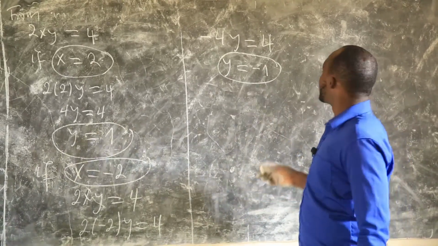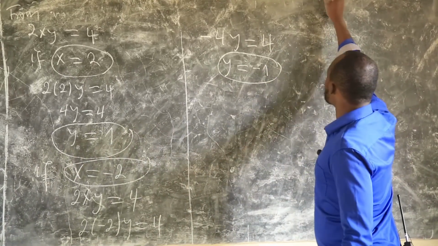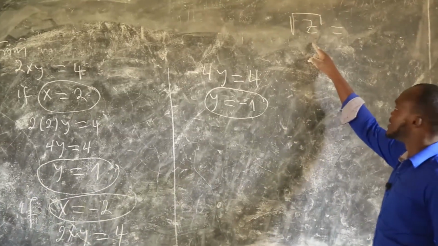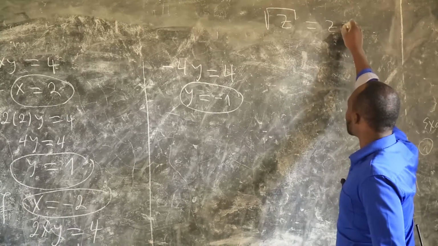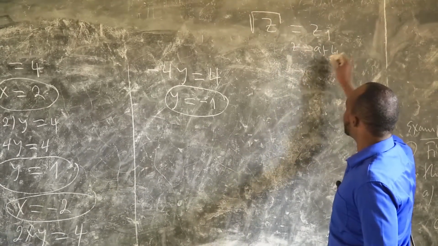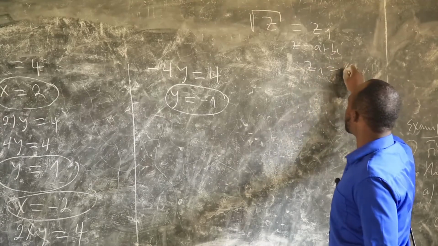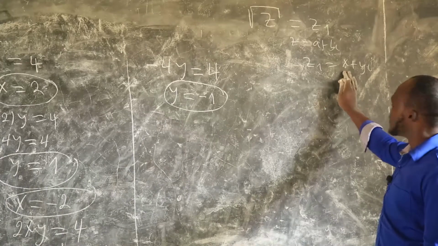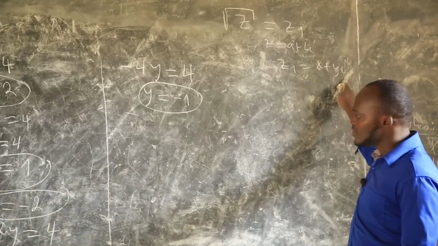So we have seen that if z, square root of z, because square root of a complex number is a complex number, its answer is z1. If z is a plus bi, z1 is x plus yi. So now we have the values of x and the values of y.